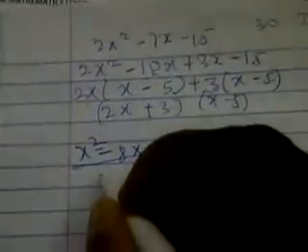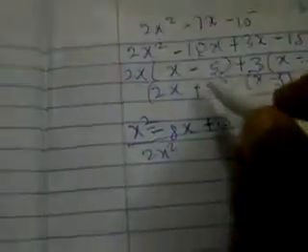Now the question asked us x squared minus 8x plus 15 divided by 2x squared minus 7x minus 15.